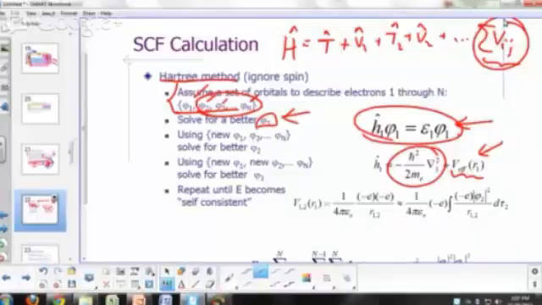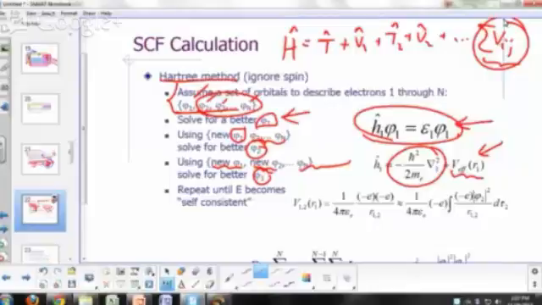Using the new phi 1 and then the original assumptions you made for phi 3 all the way to phi n, you can solve for a better phi 2. Then using the new phi 1 and the new phi 2, and all the original orbitals for the other electrons, you can solve for a better phi 3. So you continuously improve your wave function. You just keep repeating this.